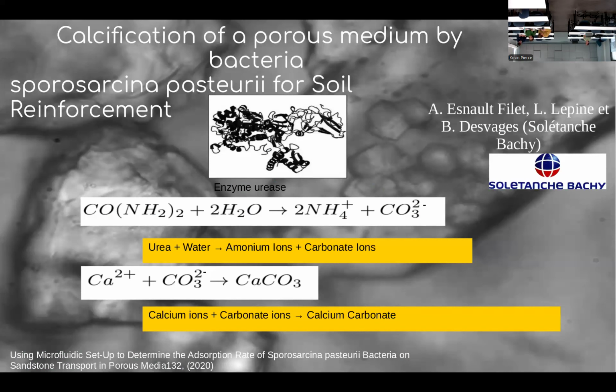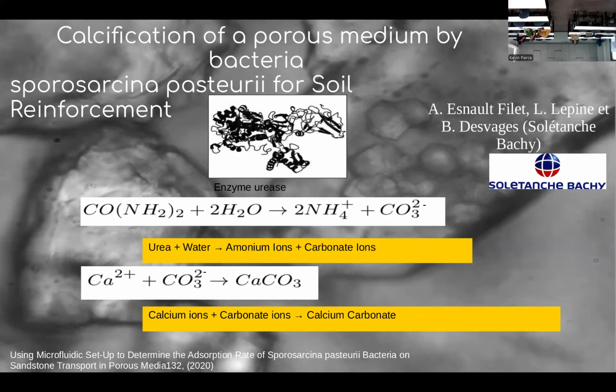You will see on the next slide one of the uses of bacteria: soil reinforcement. There is a company that is using bacteria to reinforce soil. It's a special bacterium, Sporosarcina pasteurii. This bacterium has an enzyme that is able to reduce urea into ammonium ions and carbonate ions.